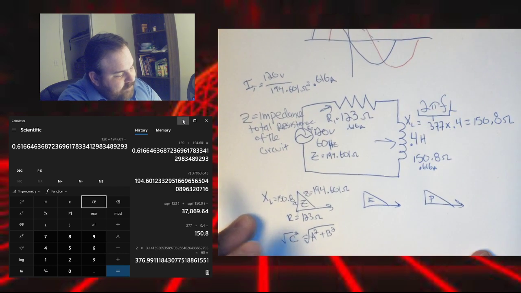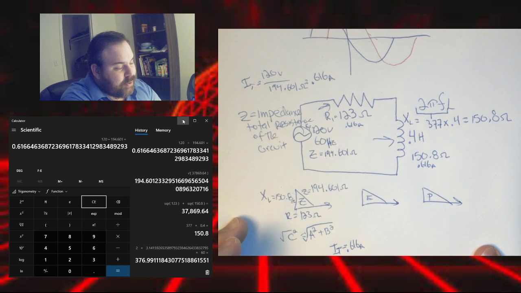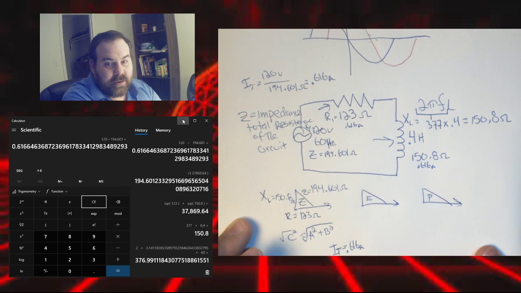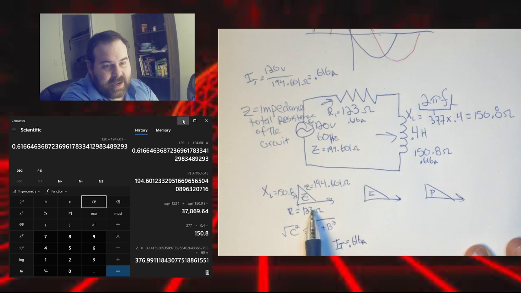So what can we do with that information? We can bring down the 0.616 amps as total amperage. We can use our next little bit of knowledge and go amperage times resistance. Amperage times resistance will give us our voltage at each thing. Like I said, the bottom is always the resistor, so we're going to do that one first.